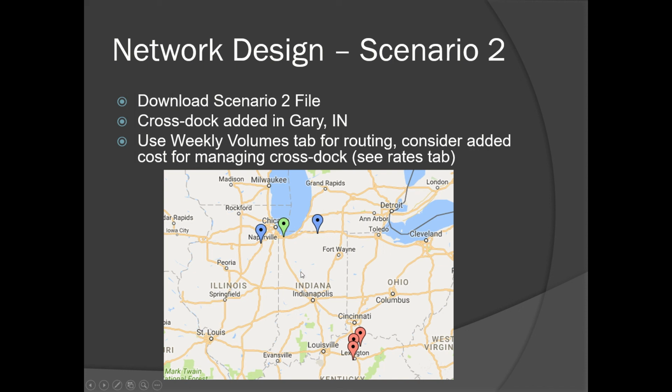This is kind of like the mailman walking into an apartment building. The cross dock would be the mailman arriving inside your apartment building with the big mail bag, and then you've got individual mailboxes, right? So from the cross dock you send out those individual trucks.